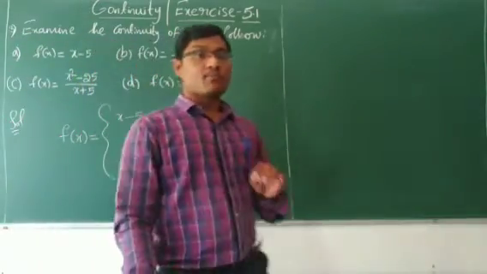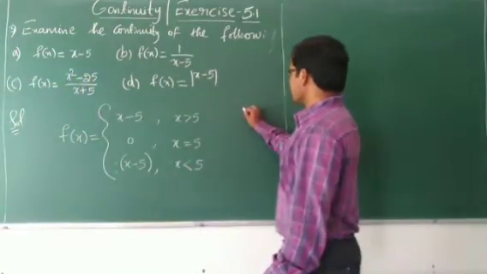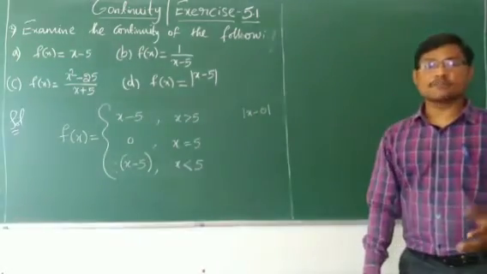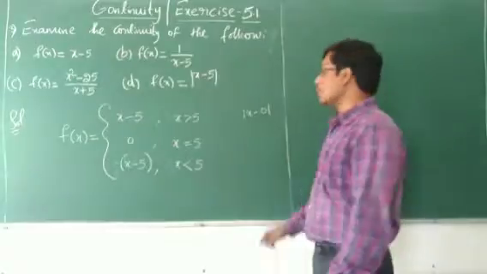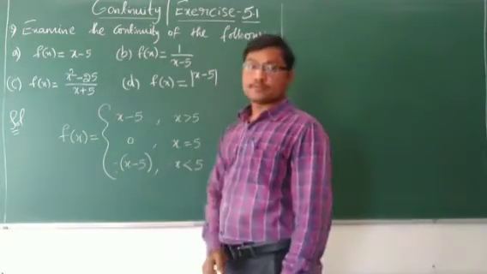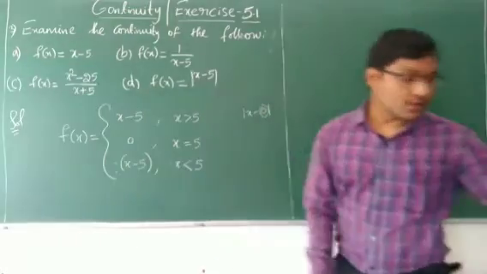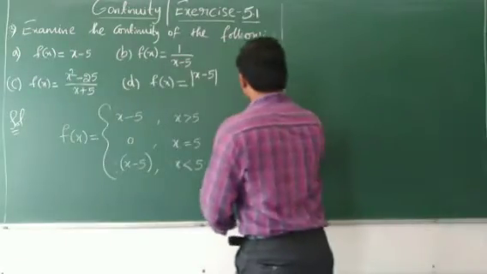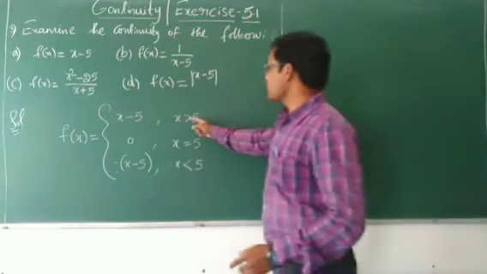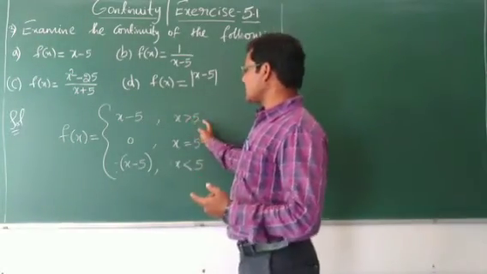That is for mod x. Mod x is nothing but mod of x minus 0. So here instead of 0 we have 5. How do we get this? How do we know where to take greater than 5, less than 5?